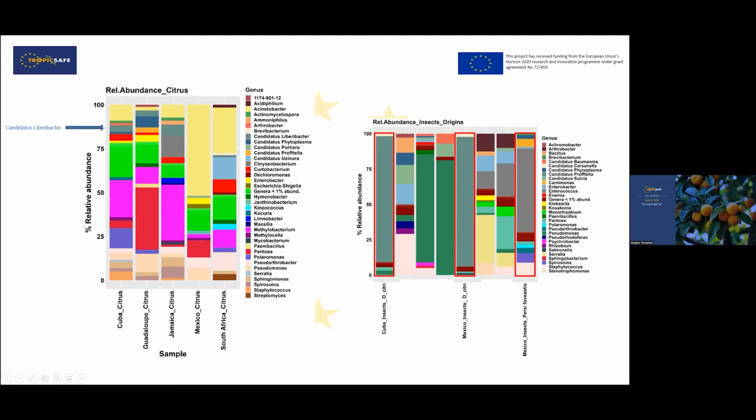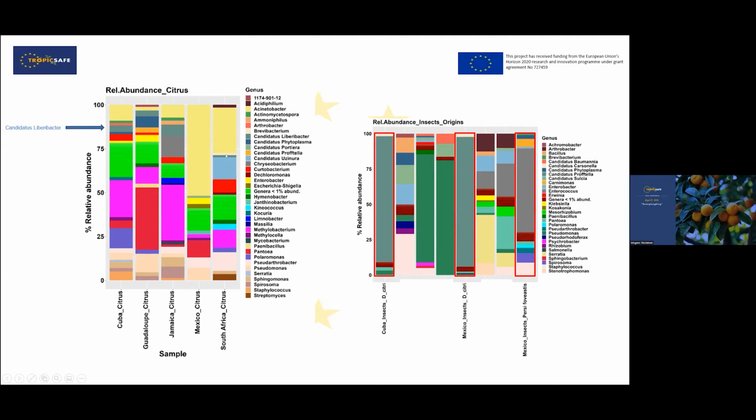And here an arrow is placed with the Liberibacter sequences or reads, and also here for Guadeloupe and Jamaica. So we did find a number of reads from those locations, but from Mexico and also South Africa, we didn't find a lot.